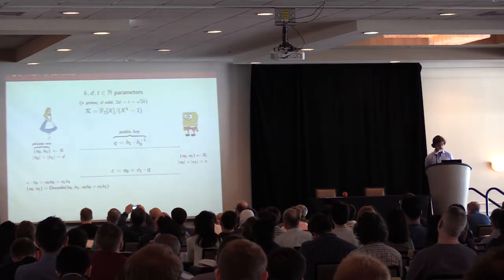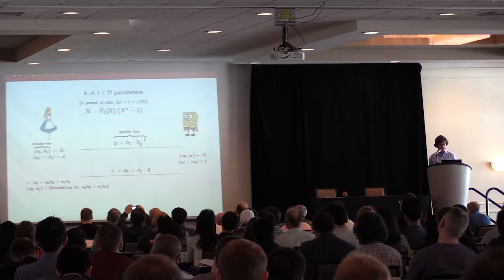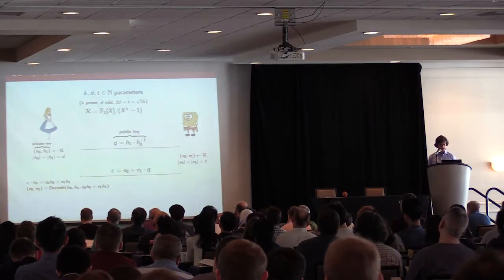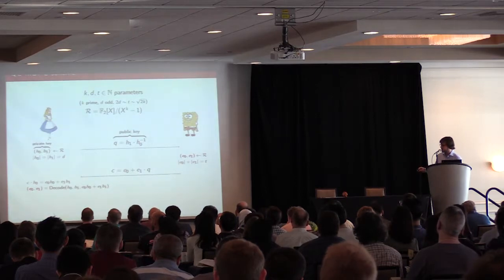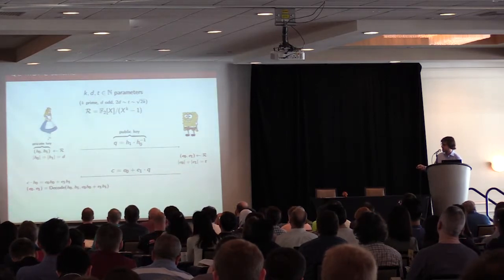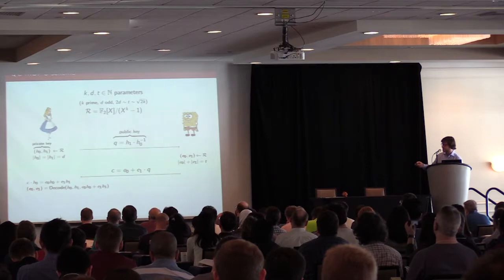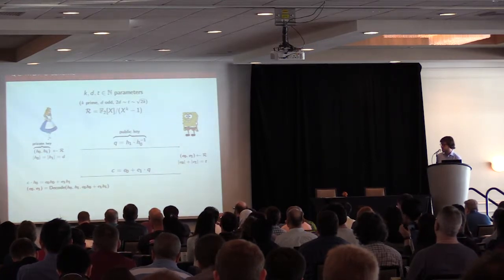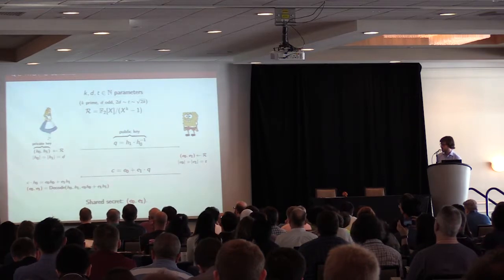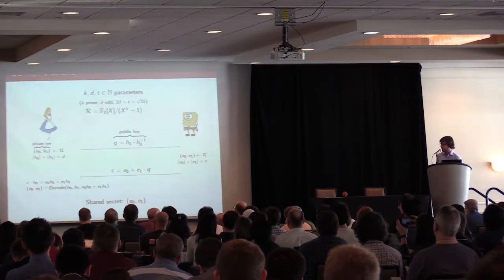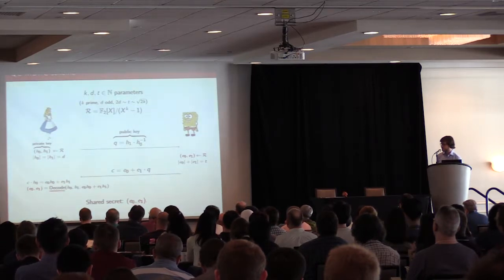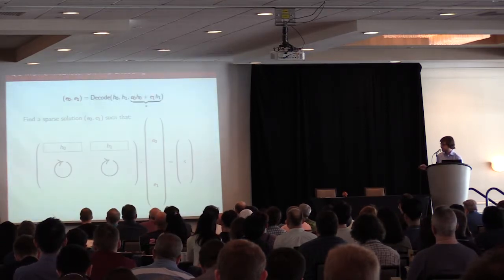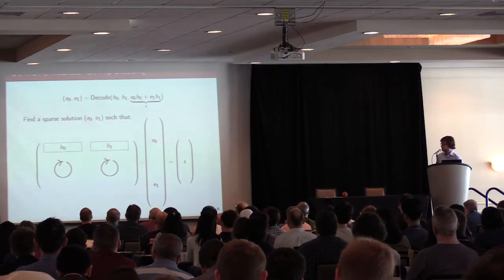Alice can multiply this by h0, she gets e0 h0 plus e1 h1, and using the knowledge of h0, h1 and the fact that all of this is sparse, she manages to decode this and recover e0, e1. At the end they will share the secret e0, e1, and what's nice here is that there is an efficient decoding algorithm. So decoding is basically syndrome decoding.